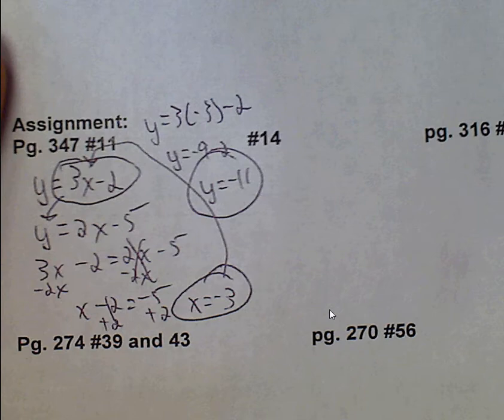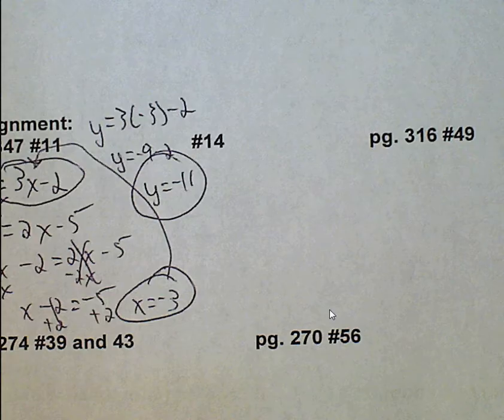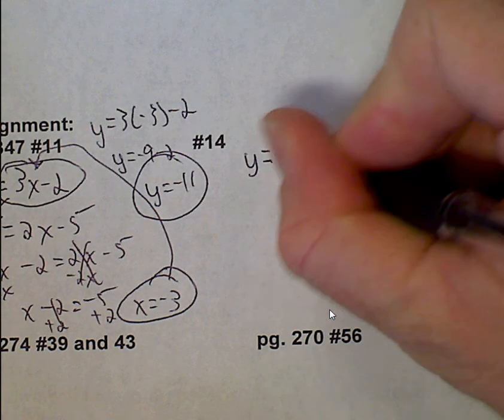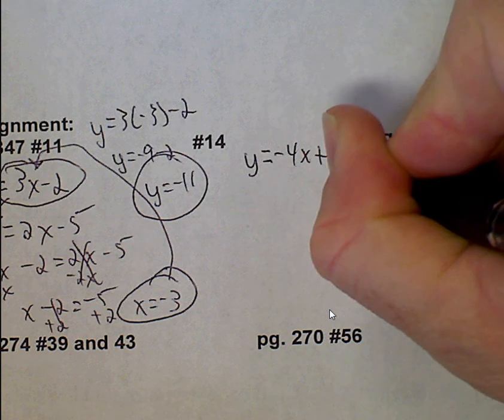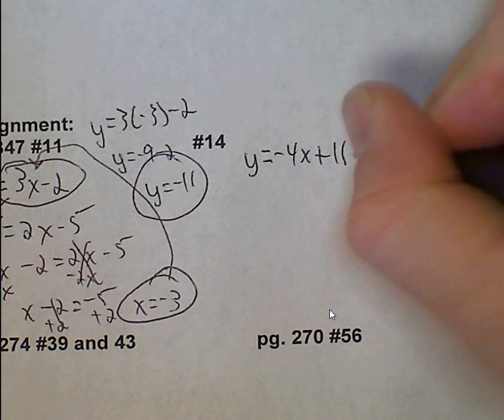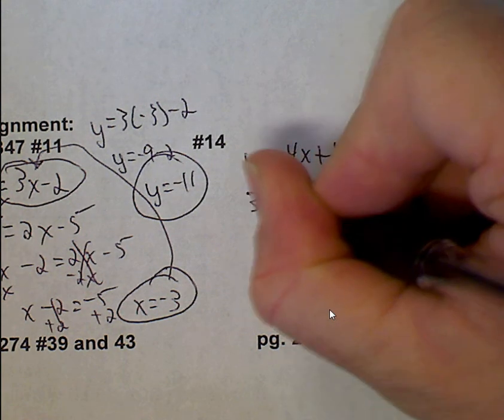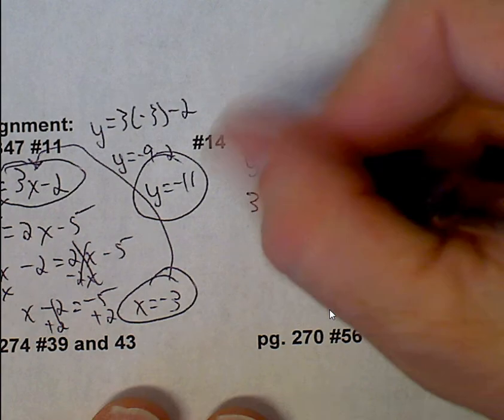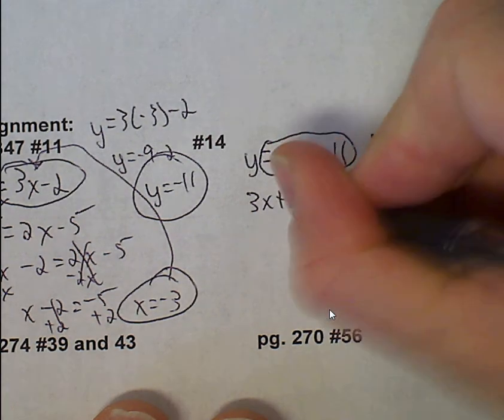Number 14. Number 14 is y equals negative 4x plus 11, 3x plus y equals 9, and they want us to use substitution again. Y is already by itself, so I'm going to substitute.